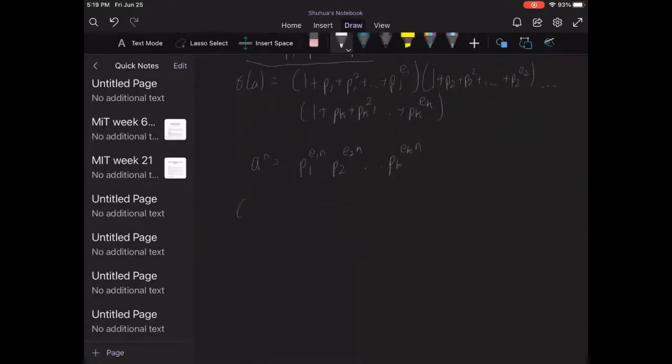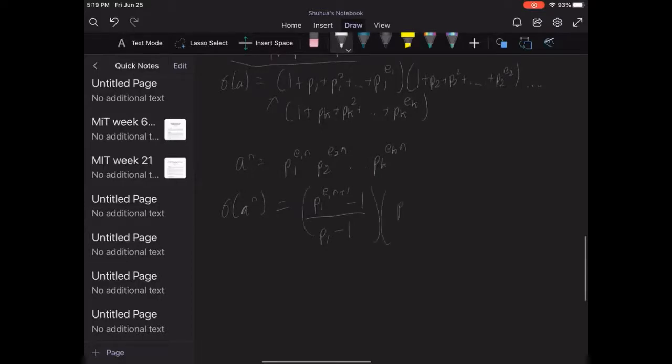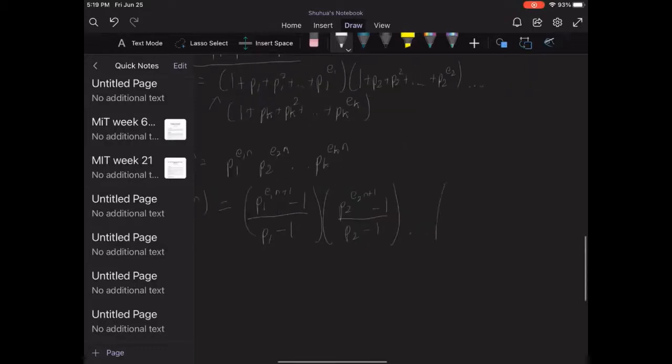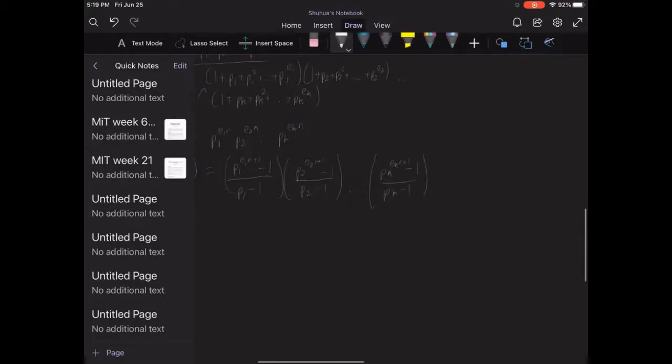So now sigma of a to the power of n, using the geometric series formula, becomes p1 to the e1n plus 1 minus 1 over p1 minus 1, times p2 to the e2n plus 1 minus 1 over p2 minus 1, and so on, all the way to pk to the ekn plus 1 minus 1 over pk minus 1. And we're given that this should be 1 mod 2021.